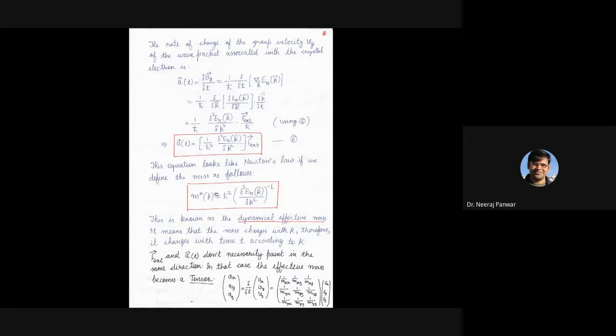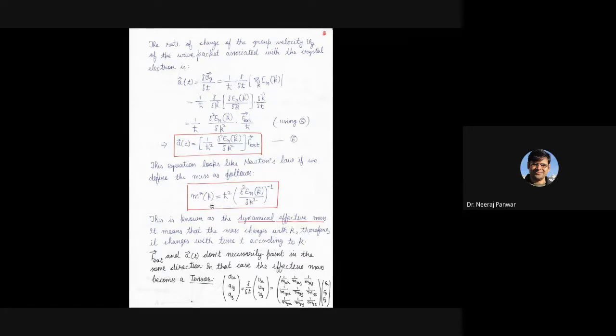More is the curvature, less would be the effective mass. Lesser is the curvature, larger would be the effective mass of the electron. This is known as the dynamical effective mass because E varies with K. That's why it is known as the dynamical effective mass.